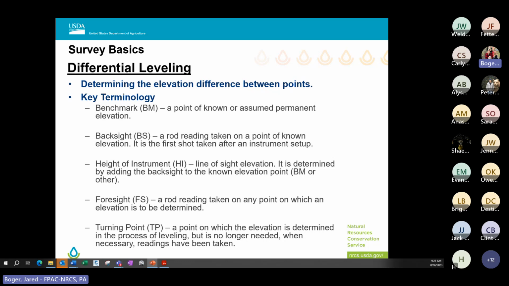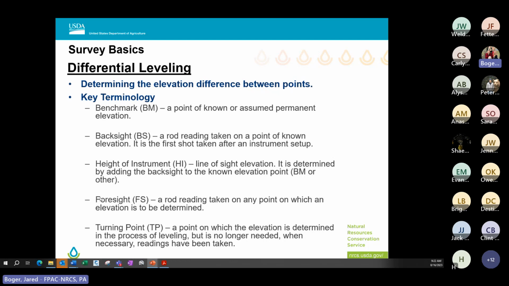It is the first shot after setting up an instrument level and then also establishing your benchmark. The height of instrument line of sight elevation is determined by adding the backsight to the known elevation point. So it's going to be the benchmark plus your backsight is essentially your height of instrument.